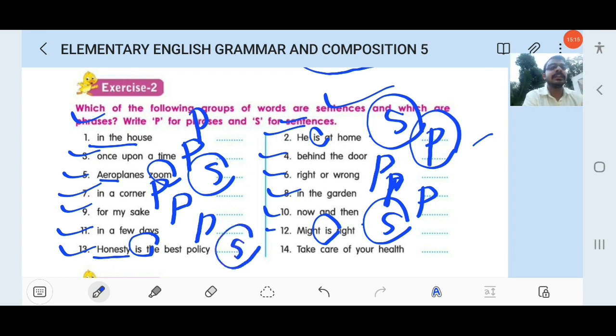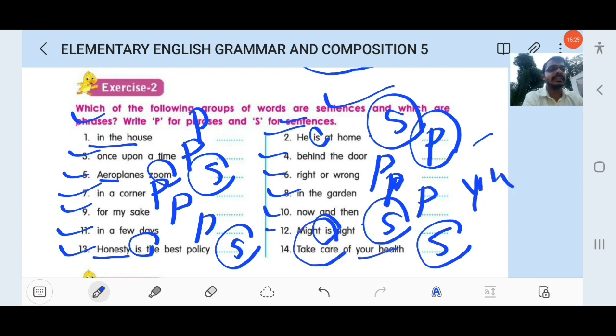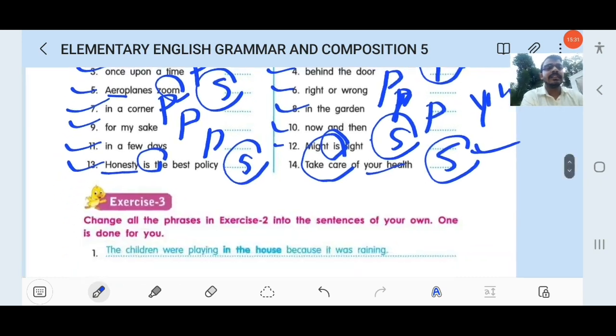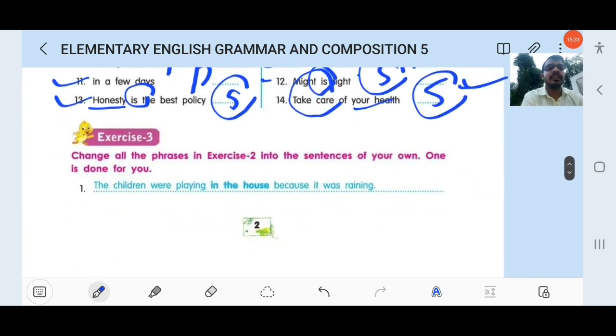Then next, take care of your health. This is an imperative sentence, the subject is you and the verb is take care. So this will be called a sentence. Clear?